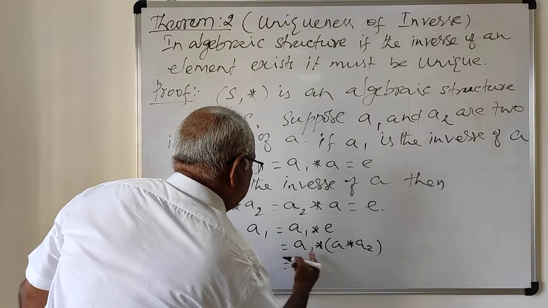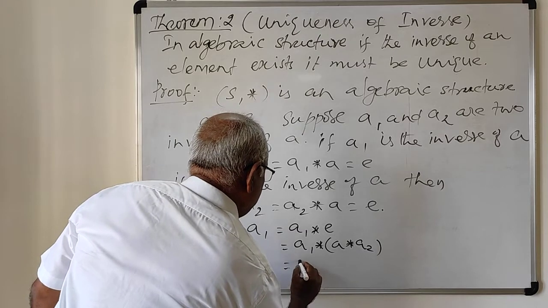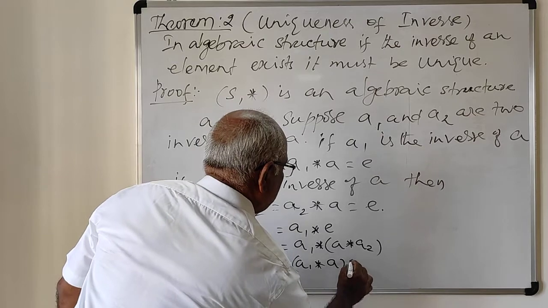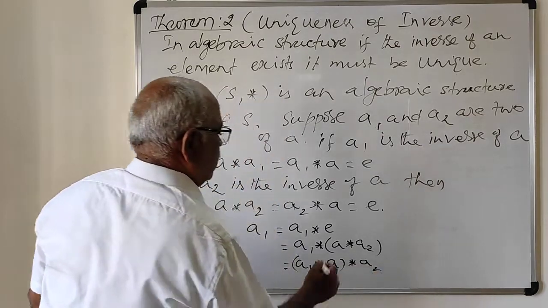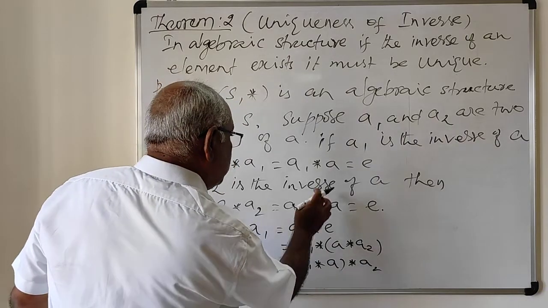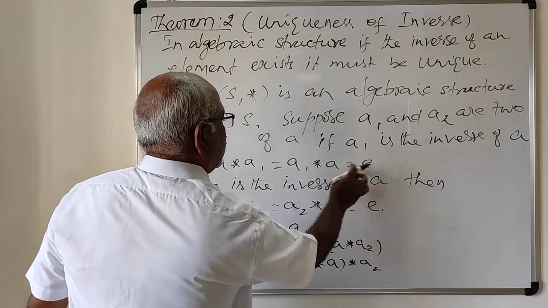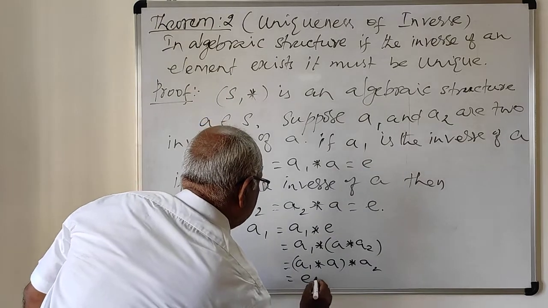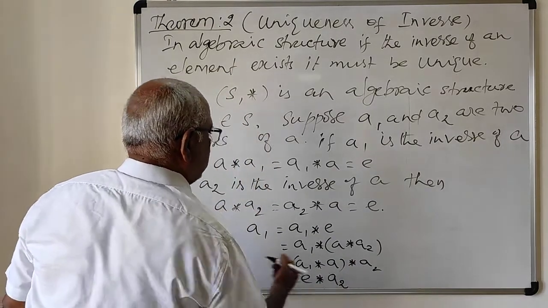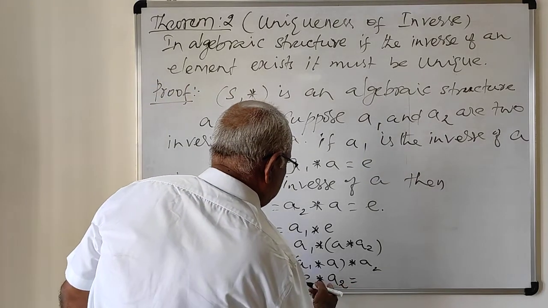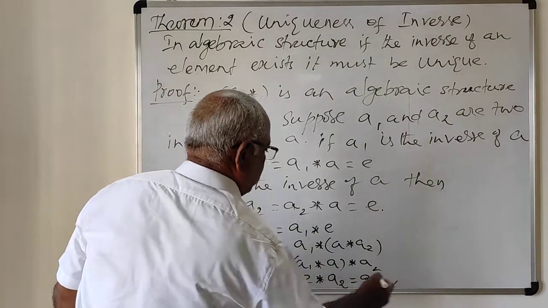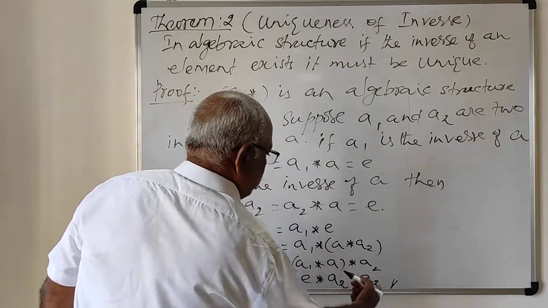By the associative property, I associate A1 star A together and keep star A2 as it is: (A1 star A) star A2. But A1 star A is E, therefore this is E star A2. Because E is identity, E star A2 is A2. Therefore A1 equals A2.